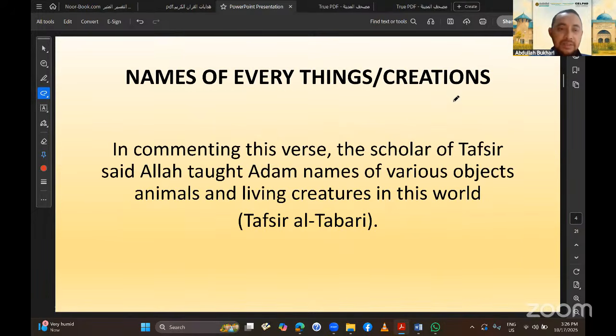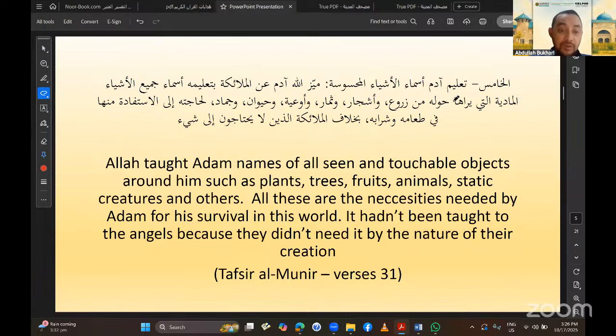Upon discussing the meaning of the names of all things, the scholars of Tafsir say that Allah taught Adam the names of various objects, animals, and living creatures in this world. Allah taught Adam the names of unseen and untouchable objects around him, such as plants, trees, fruits, animals, and so forth. And for sure, what Allah taught Adam must have been delivered through language.